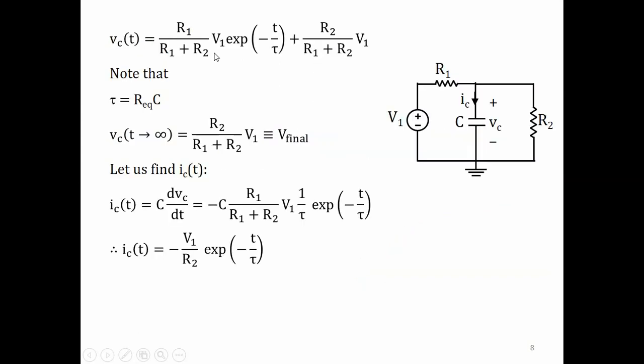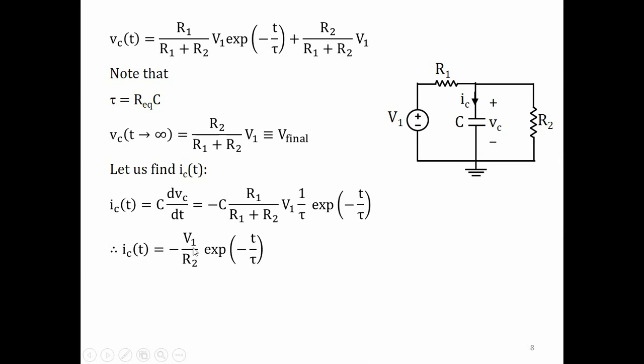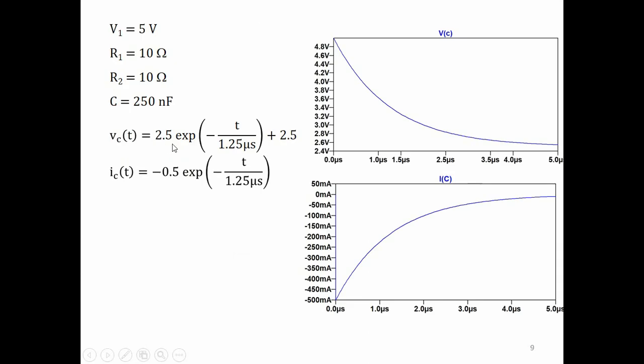So this will be 2.5 and this will also be 2.5. And V1 by R2 is 5 by 10, 0.5 amperes. So you'll get Vc equal to 2.5 e raised to minus t by tau plus 2.5 volts. IC is minus 0.5 e raised to minus t by tau.